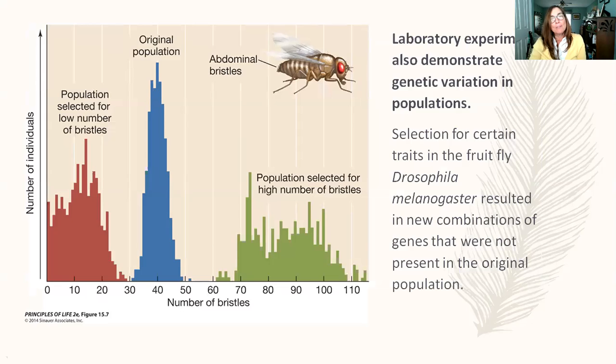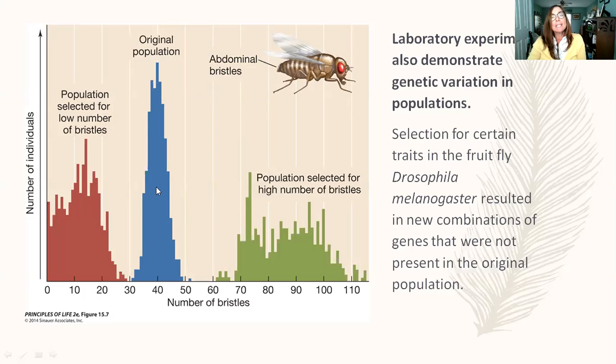Laboratory experiments have demonstrated the same type of effect. So there was an experiment done where scientists looked at the number of abdominal bristles on fruit flies in culture, and in the original population of the fruit flies that they started with, the number of bristles at the end of their abdomen was usually around 40.